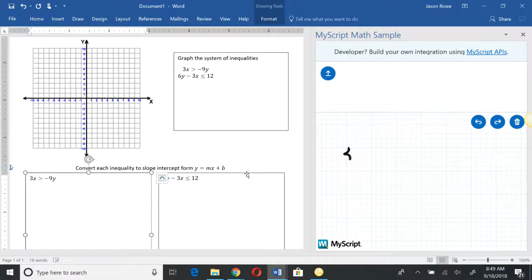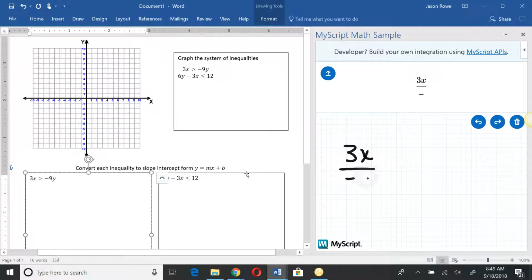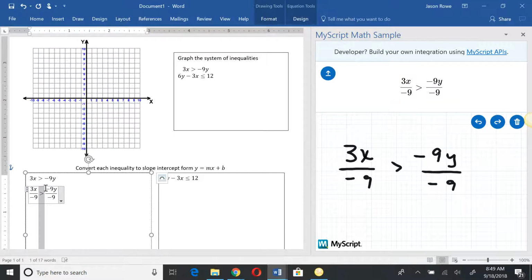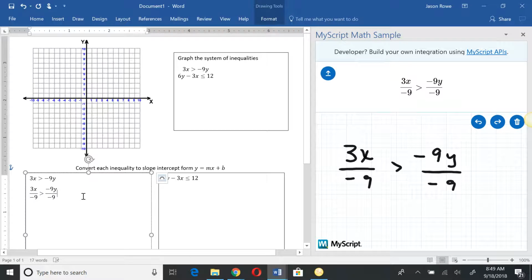Now, if you recall, when I divide by a negative value, this inequality needs to flip. Dividing by a negative flips the inequality. You've hopefully seen that once or twice. I'm not going to go into the why. At this point, you just need to know you have to do it.